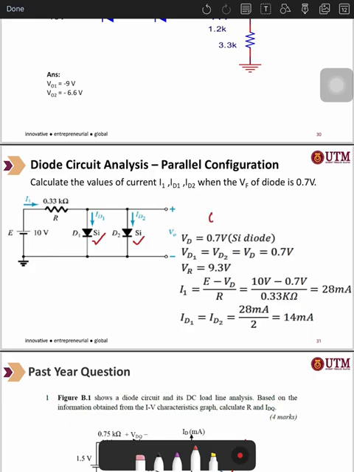If it is germanium, you can use the value of 0.3 volt. Since it is in parallel, we can say that VD1 is equal to VD2, equal to 0.7. If it is in parallel, the voltage value is the same, but if it is in series, your current value is the same.